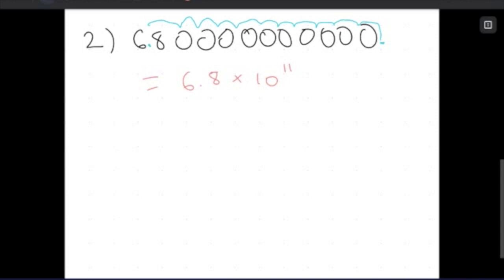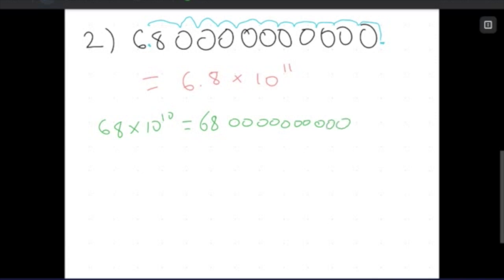Because once we have our answer, we can check that we've done it correctly by going back from scientific notation to writing the whole number. Now, 6.8 times 10 to the 11, that is like saying 68 times 10 to the power of 10. And then I can just write 6, 8, and then 10 tens: 1, 2, 3, 4, 5, 6, 7, 8, 9, 10.